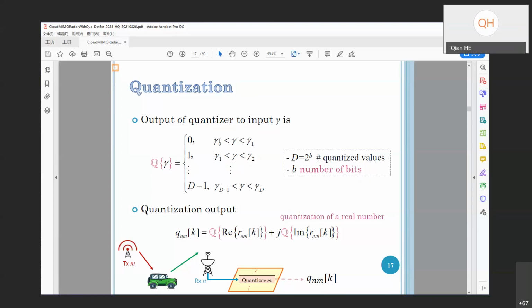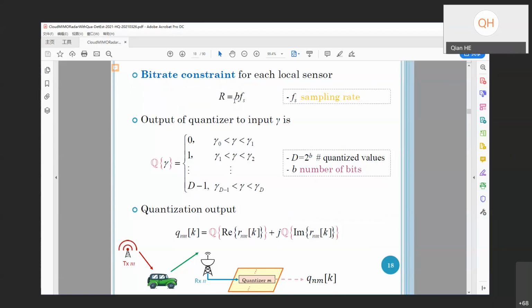In total, suppose your quantizer has B bits, the number of bits of the quantizer denoted by B. So how many regions do you have? You have 2 to the B power. Suppose you have a B-bit quantizer, so the quantized output can take on one of the quantized values.